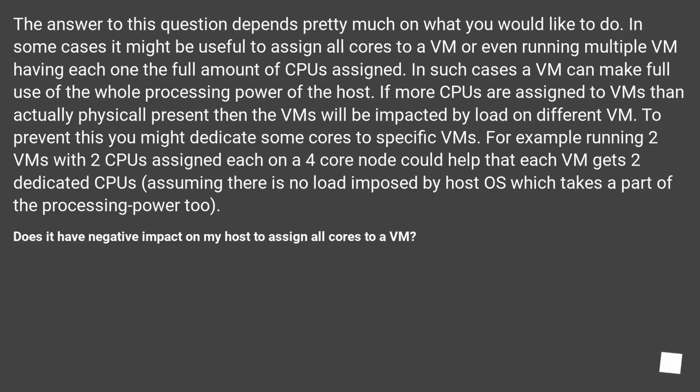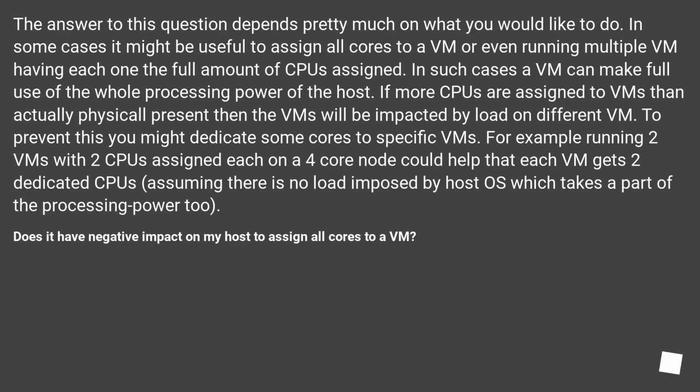The answer to this question depends pretty much on what you would like to do. In some cases it might be useful to assign all cores to a VM, or even run multiple VMs having each one the full amount of CPUs assigned. In such cases a VM can make full use of the whole processing power of the host. If more CPUs are assigned to VMs than actually physically present, then the VMs will be impacted by load on different VMs.